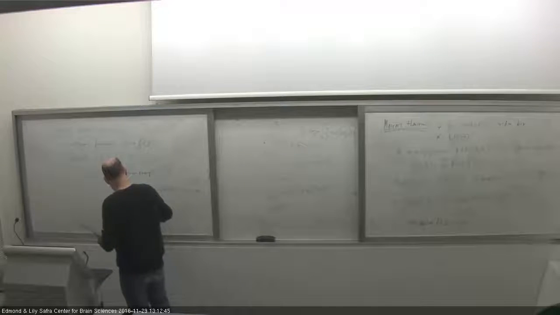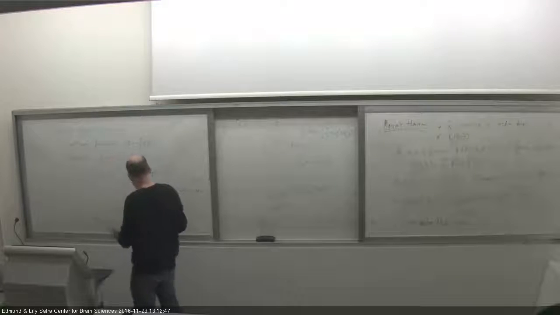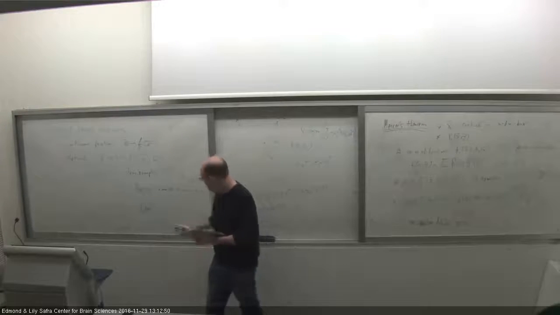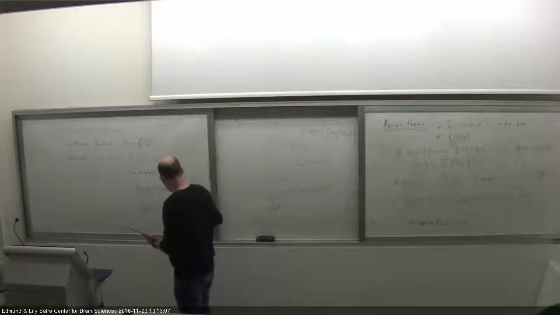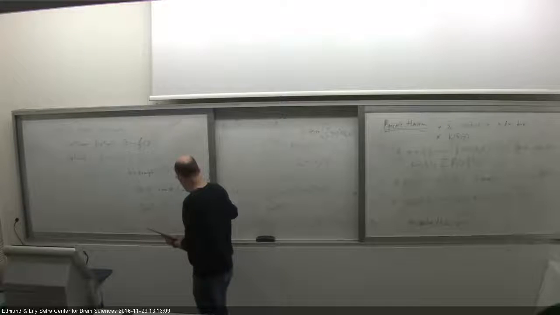The training error is regarded as a function of the W's, and it's defined as 1 over p, sum from mu going from 1 to p, of what the network is generating for the vector x mu, minus y mu, squared.